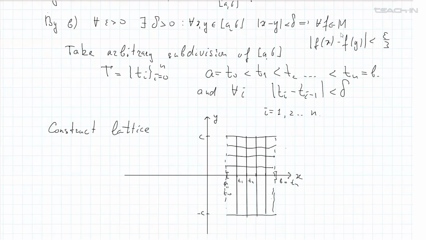Take such lines that this is epsilon over 3. And maybe the last line may be longer, for example C tilde, such that you may finish here, but this is for this epsilon over 3.